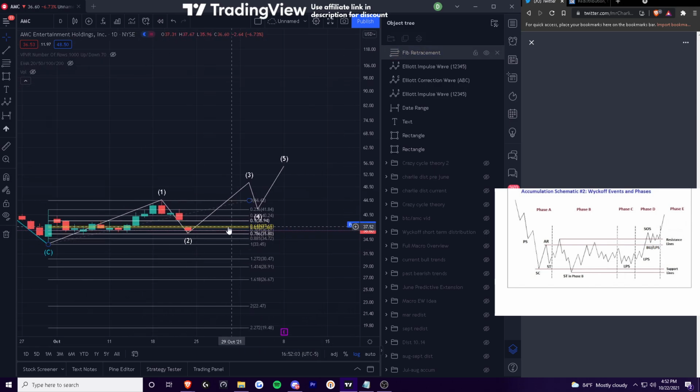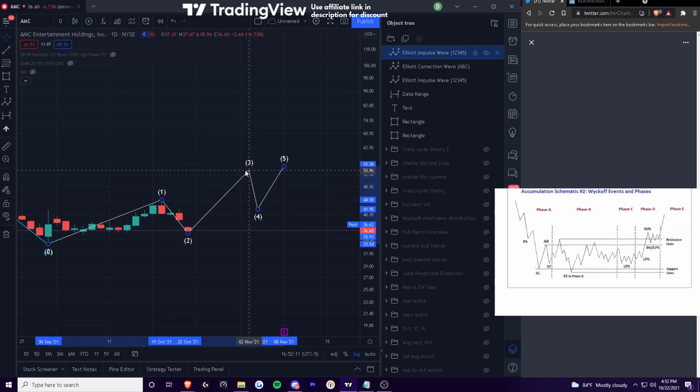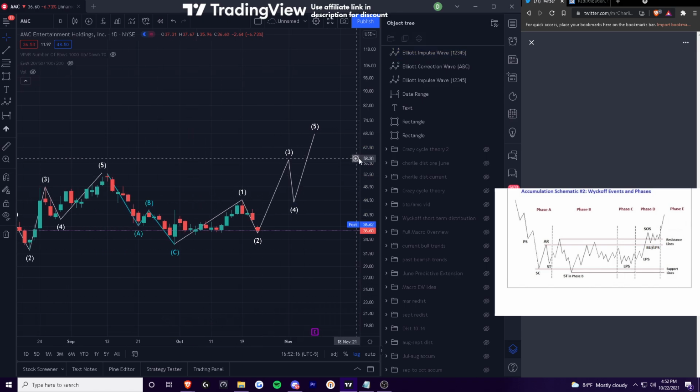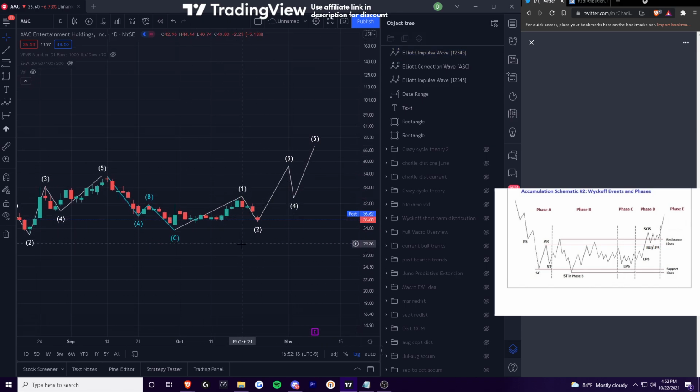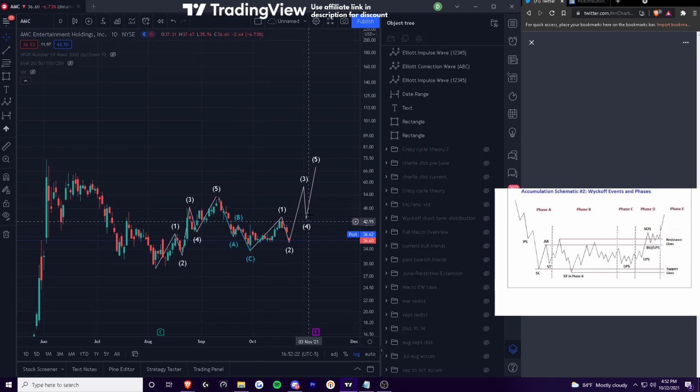And then that's where we found our support at the 786. The 786 is the second most common retracement level for an Elliott Wave 2 to find as support. So I would say that's a valid theory. If we do see that upside, then we could say that we're going into a wave 3 here. So what would that look like?